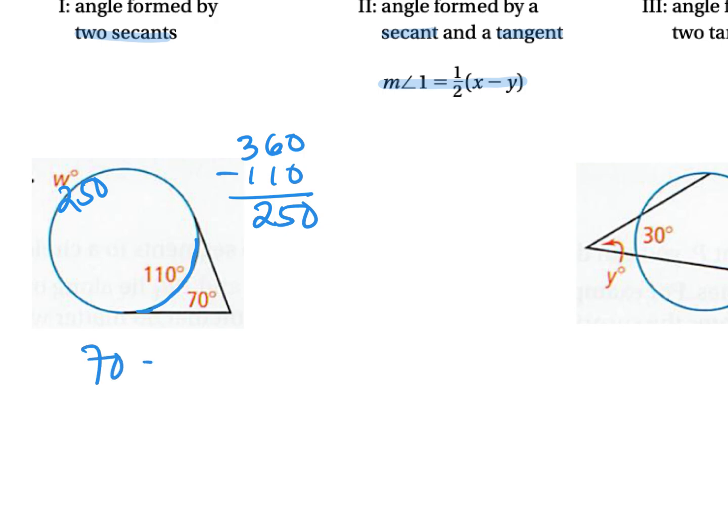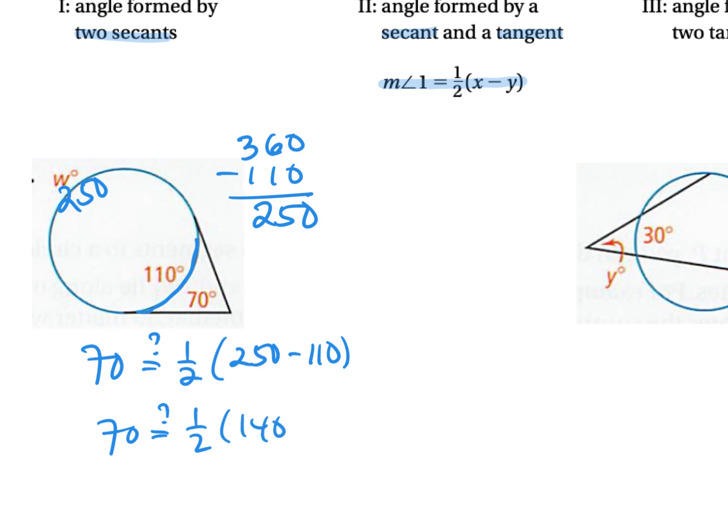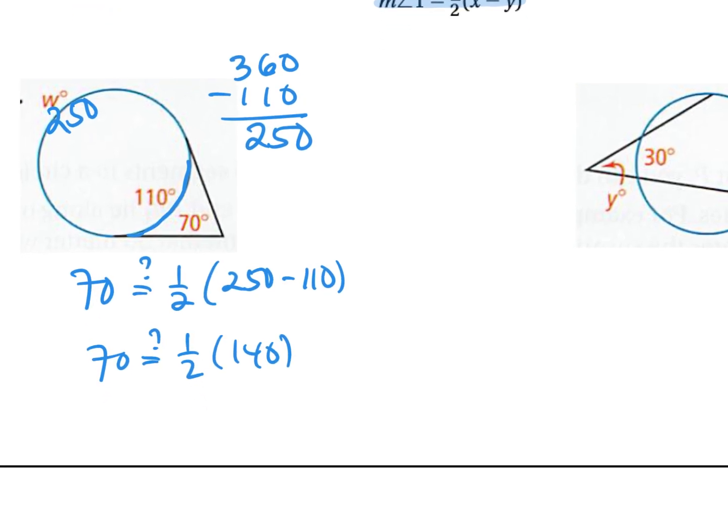Is 70 equal to 1/2 of 250 minus 110? 250 minus 110 is going to give you 140. So is 70 equal to 1/2 of 140? Well, we know that half of 140 is 70. Therefore, our calculations are correct.